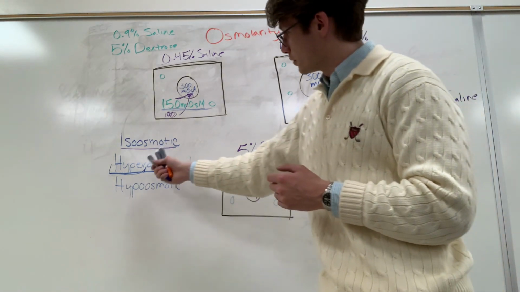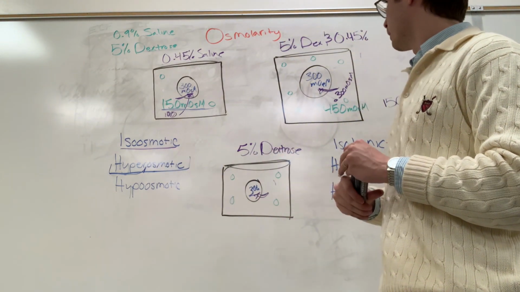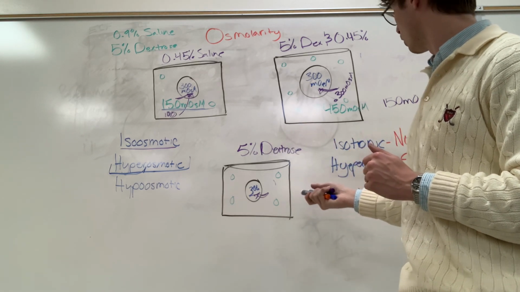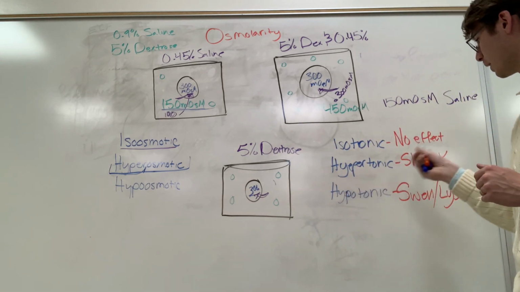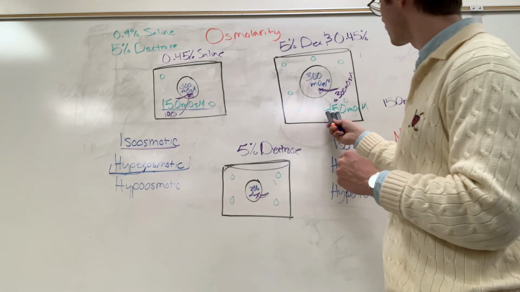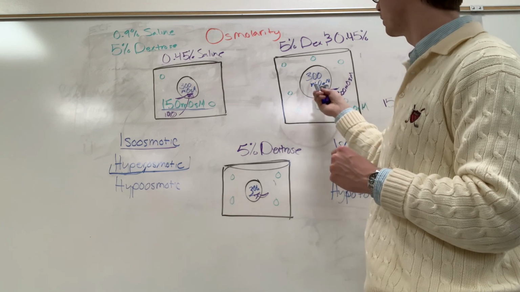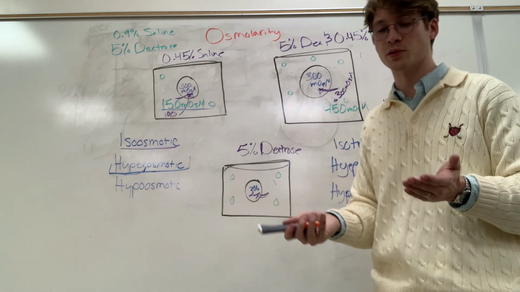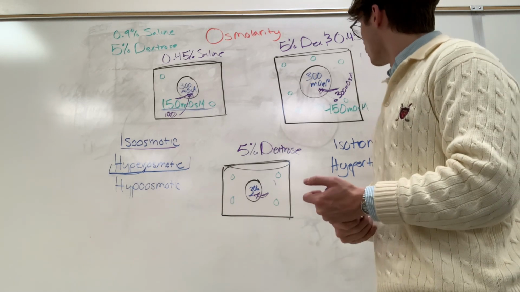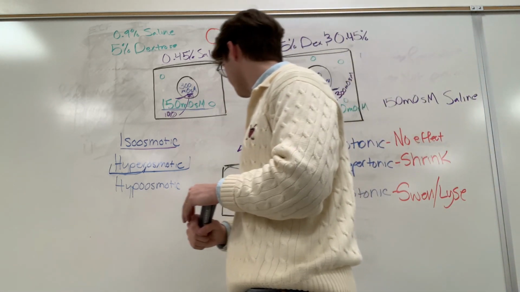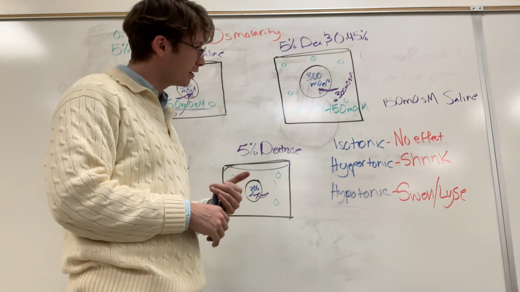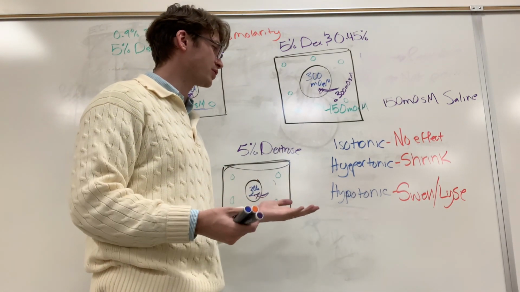This will be a hyperosmotic solution as well, but the effect on the cell, because it's not permeable, we're going to end up with a hypertonic solution, meaning that we're going to have a higher concentration of saline on the outside than on the inside, but because it's non-permeable, there was no effect. So the concentration of saline on the outside is higher than on the inside, meaning that we have a hypertonic solution.